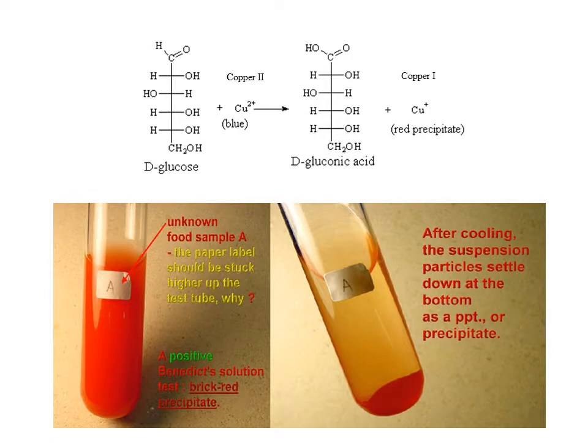This is what it would appear like. So again, if you add heat, if you add Benedict's reagent, and inside of this blue reagent you have a copper ion, this copper is going to bind to the free electron that was released from the reducing sugar to form a red color.